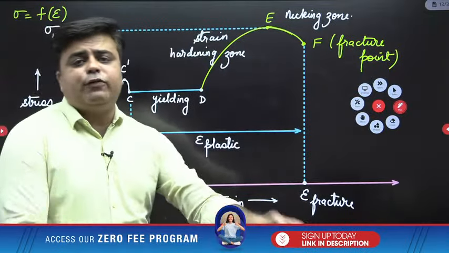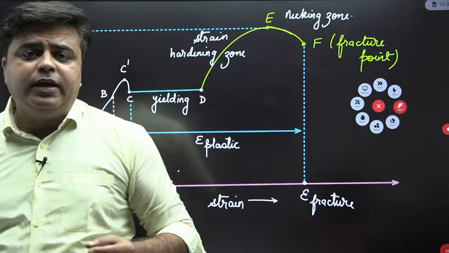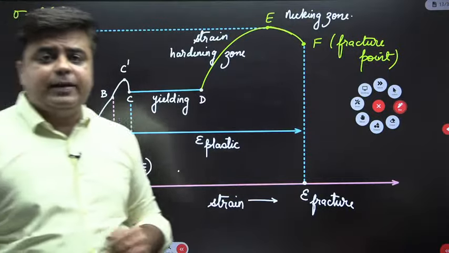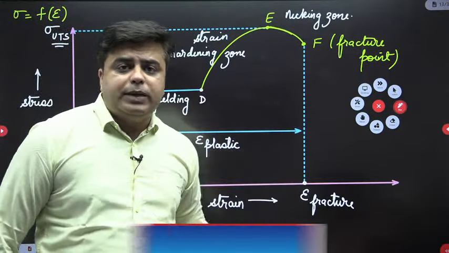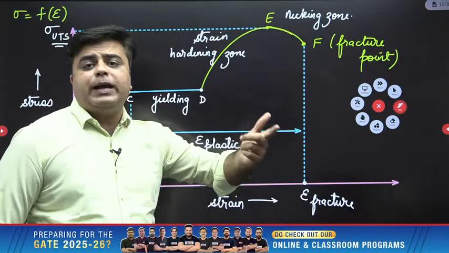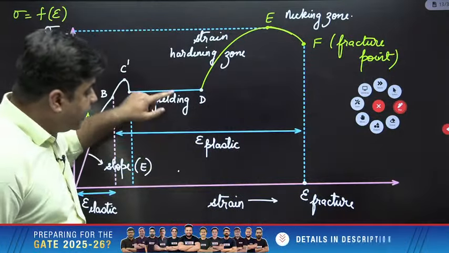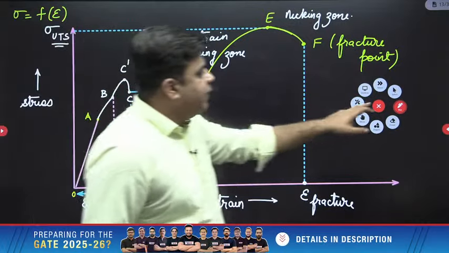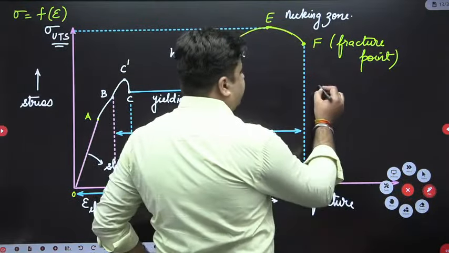From here we define one very beautiful property, which is called ductility. A material is said to be ductile if plastic strain is more than 5%. What I said? A material is said to be ductile if plastic strain is more than 5%.